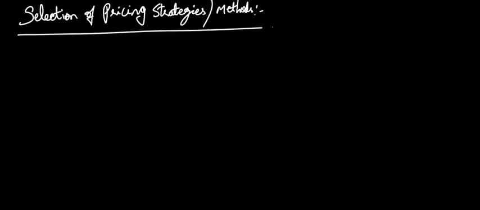Now the next step in this is selecting a pricing method. You have determined the cost, selection of pricing method. There are a lot of pricing strategies or methods which companies follow based on their business and based on their objectives.